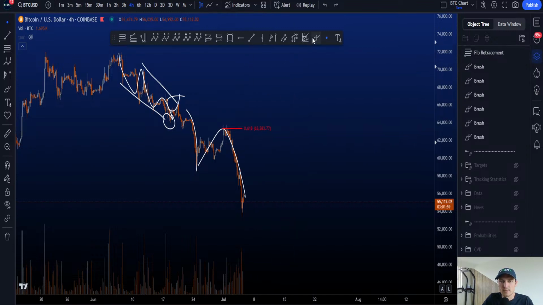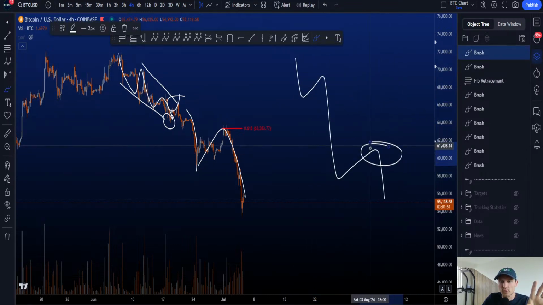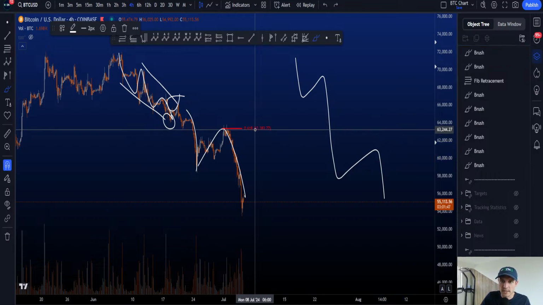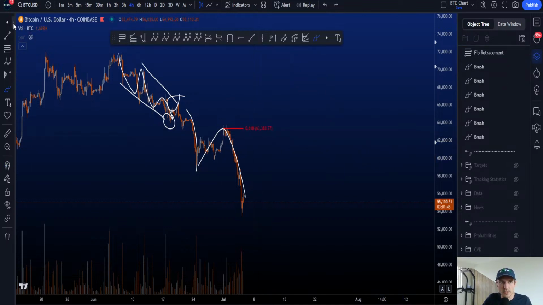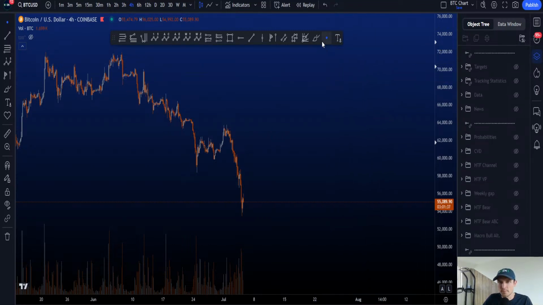So they're in an impulse, right? So not in a diagonal or other structures, but in an impulsive structure, 1, 2, 3, 4, 5, the common target for a 4 is 236 to the 0.5, right? 618 is regarded as an invalidation, as the probabilities are so ridiculously low. So therefore, we don't like to count this as a nice impulse, and that increases probabilities for diagonal related structures and three-wave structures, right?